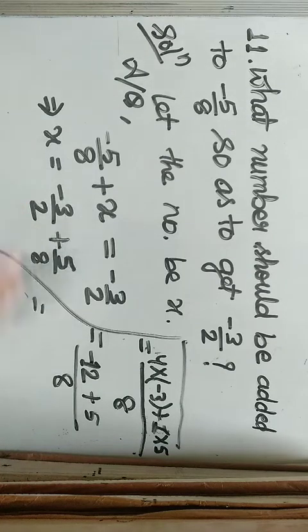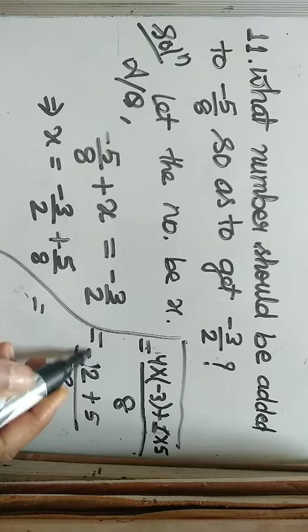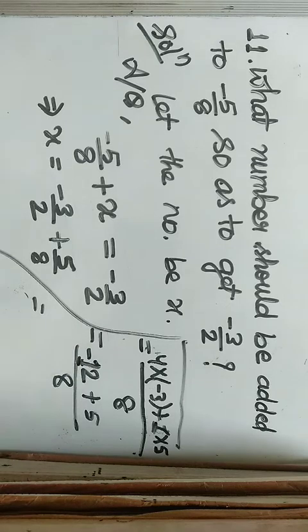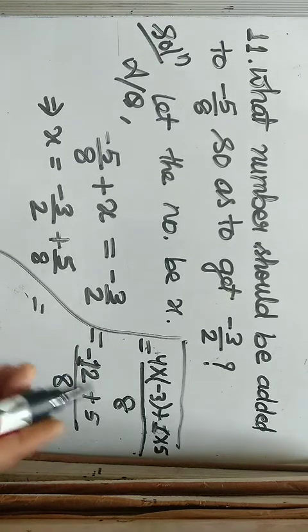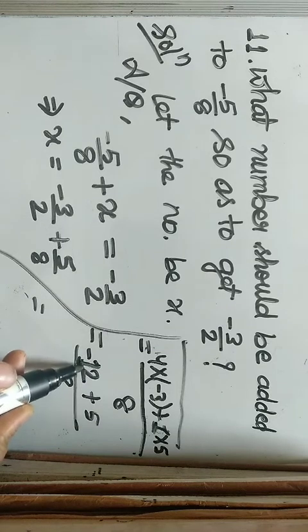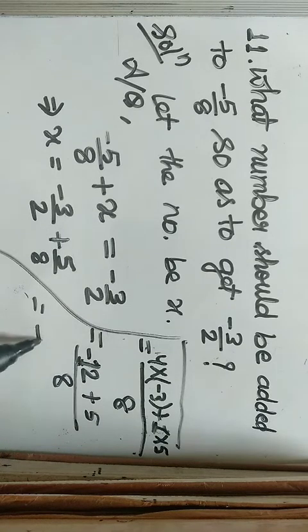Now minus plus is minus and the sign is of the greater number, so 12 is greater here, and before 12 we have the minus sign, so we put the minus sign, and minus plus minus, so we subtract 12 minus 5. So 12 minus 5 is 7 by 8.